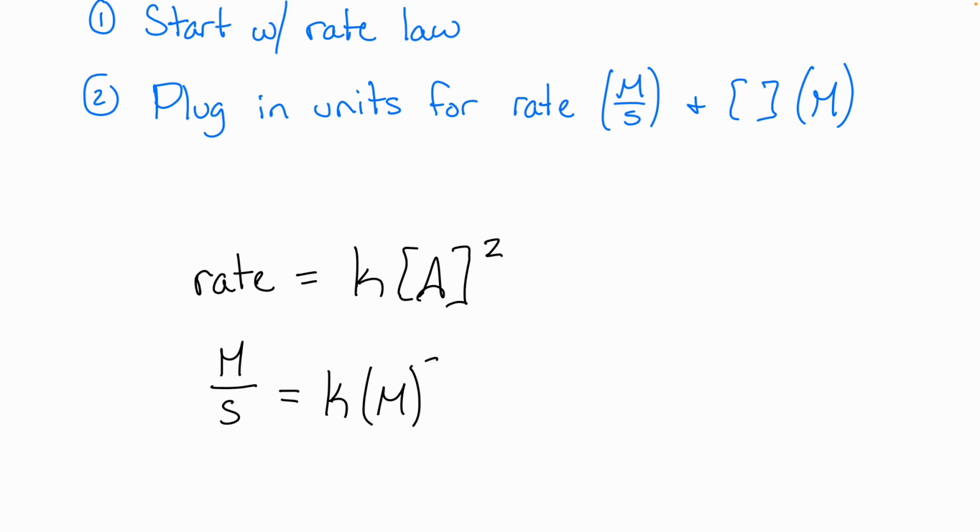All right, so I'm going to square these units as well. All right, and step 3, we're simply going to solve for k. All right, so basically we're going to treat these units as like these symbolic variables and just do some algebra and rearrange in order to get our units for k.